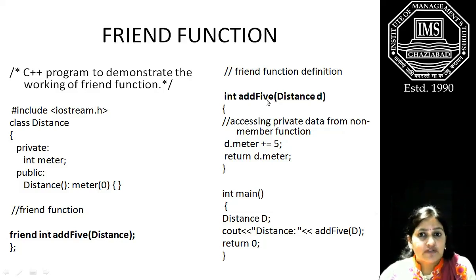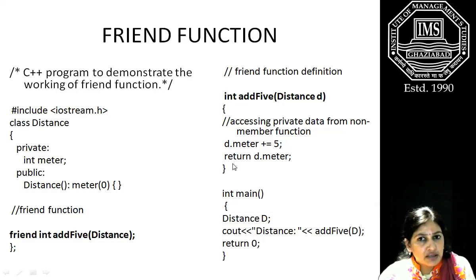Then outside the class, we are defining the friend function: the return type of the friend function, the name of the function add5 and the parameter of class type, parameter name is d. Now through this object d of class Distance, we are accessing the private member meter and adding 5 to it.